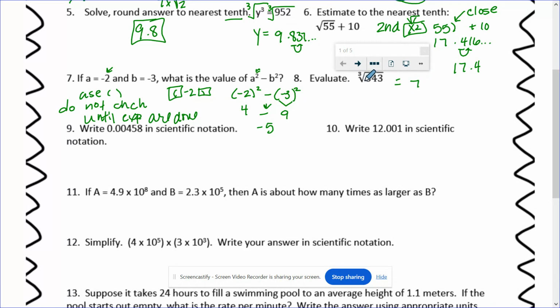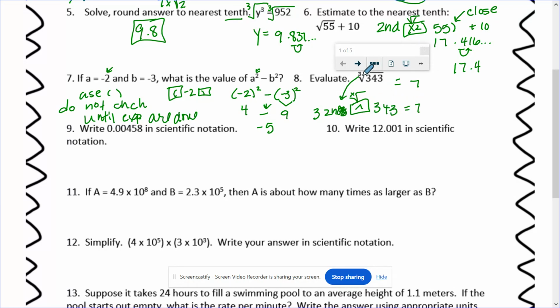If you're not sure how to do this, we want to use the generic root button, so we're going to be using the caret button, because that's like the root for anything, any root that we want. So you start by putting the root in your calculator first. So you put the root in first, second function, then the caret, and then that generic root button, and then 343.